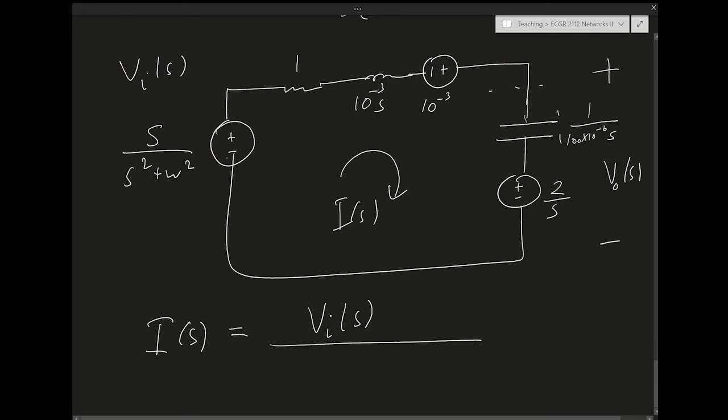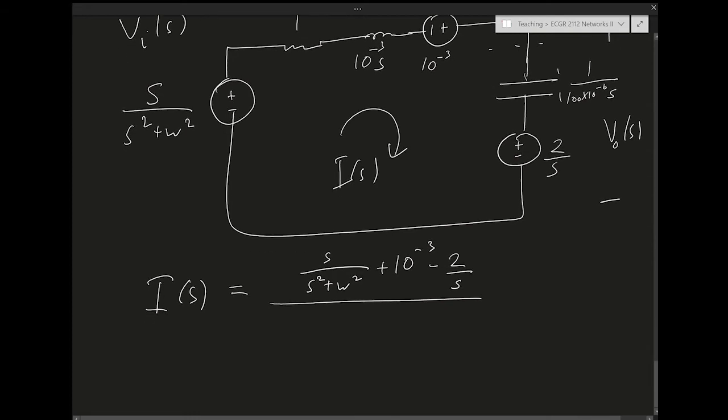So I have VIS. Let me write what VIS is. VIS is just S over S squared plus omega squared. And then I have the other voltage that I need to sum, which is plus 10 to the power minus 3. And then I have a voltage that I have to subtract because it has an opposite direction, right? So this is going to be, let me see, minus 2 over S, right?